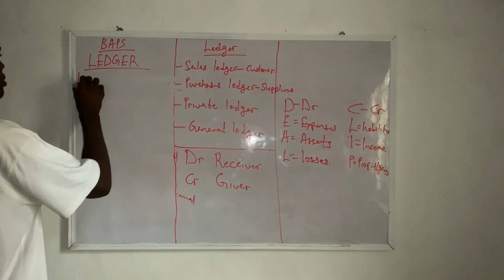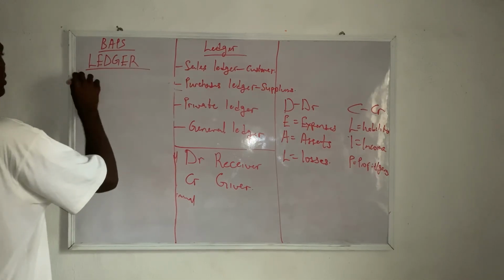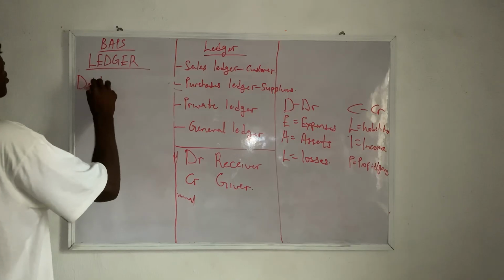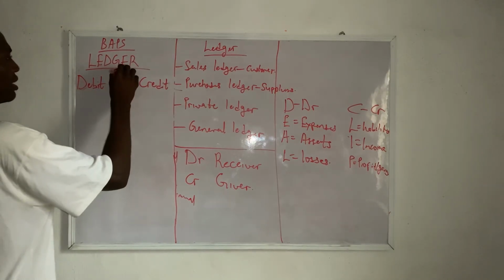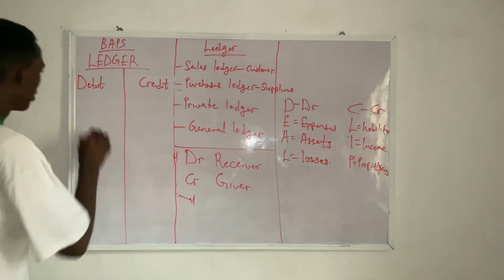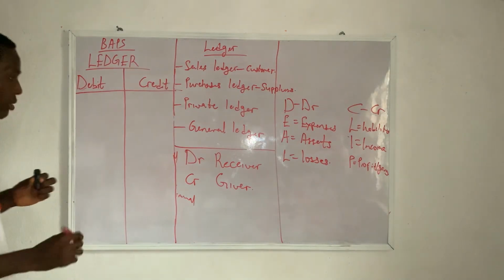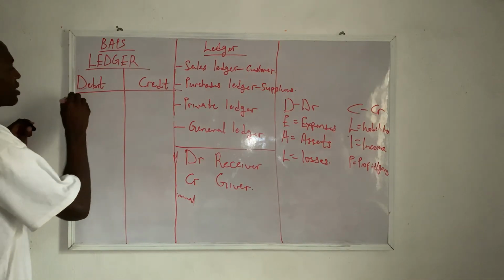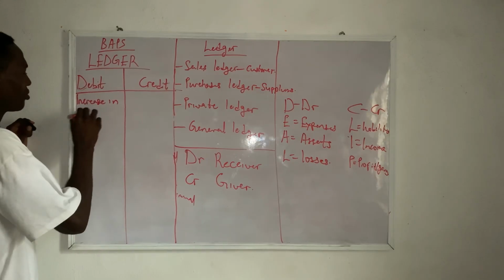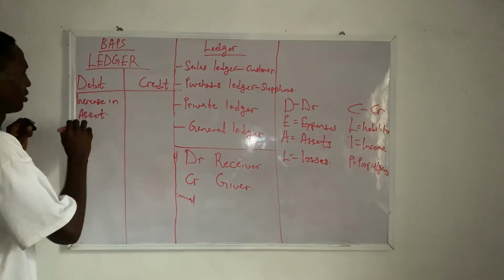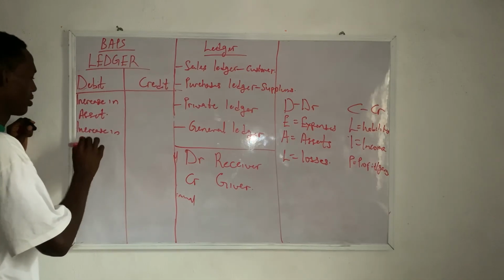Okay, let me put it this way. Debit. I could have just dictated this, but I decided to write this for reasons best known to me, and I suggest you do the same in your notes. So when you debit: increase in assets, increase in expenses.